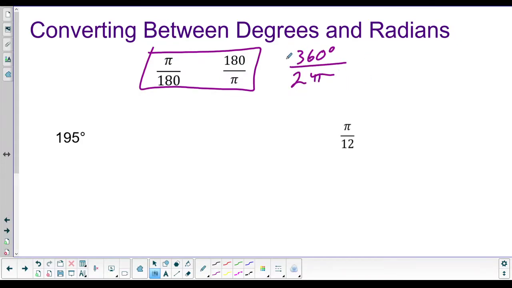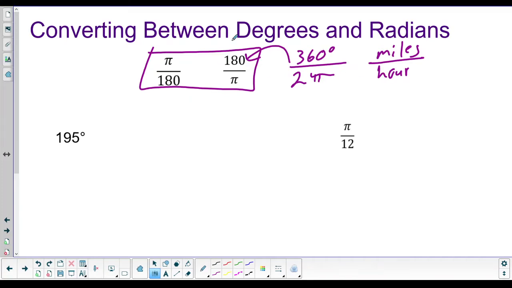And then you just reduce this fraction and it turns into that fraction. So this is just a ratio, like miles per hour. It's just saying how many of these things there are in each of these things.